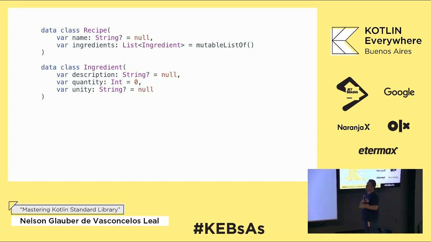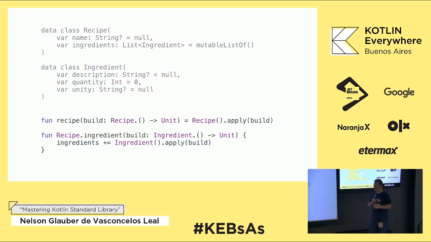But imagine that you declare these two classes here, and I would like to create my DSL, okay? My DSL, domain-specific language. And, okay, I have a recipe with a list of ingredients, and each ingredient has a description, quantity, and unit.